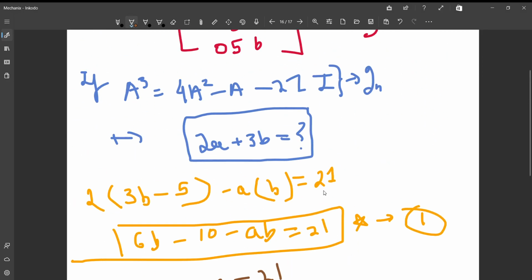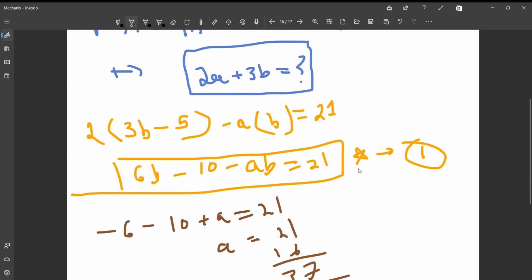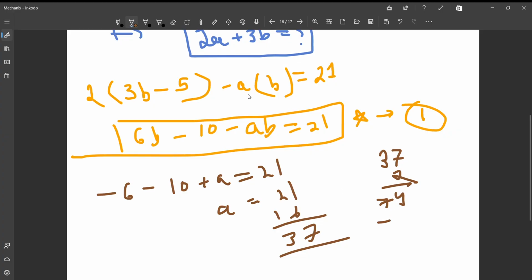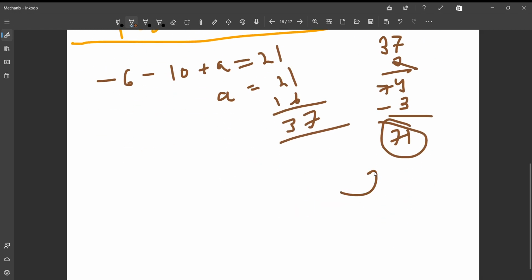So a is 37 and b is negative 1. We get 37 times 2, 74, minus 3, so 74 minus 3 is 71. That gives us the answer 71 as the final answer.